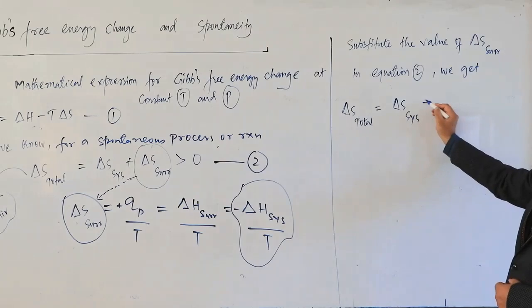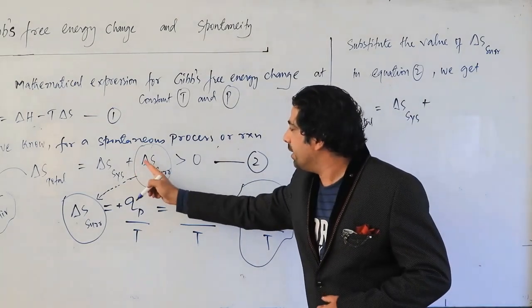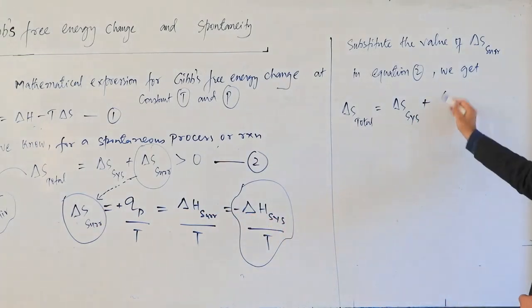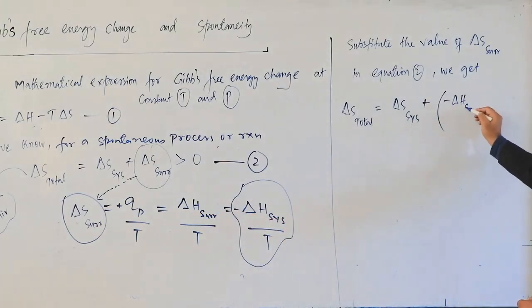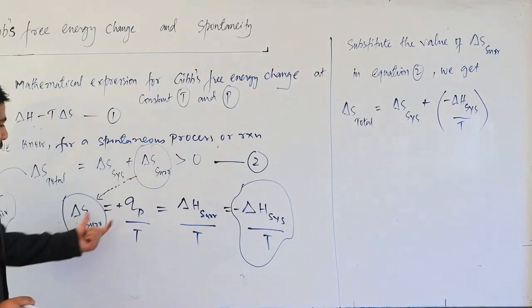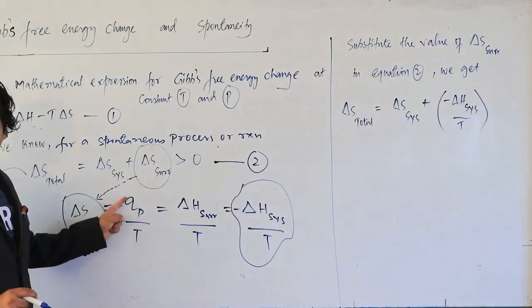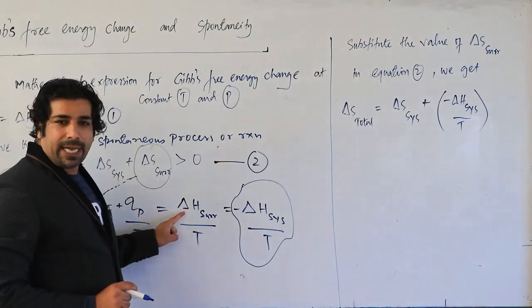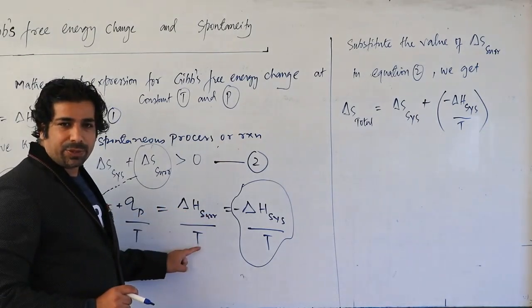So I will write down here the formula is plus, and this delta S surrounding is finally equal to minus delta H system upon T. So once again I will tell you, delta S surrounding is equal to Qp upon T, heat absorbed by the surrounding at constant temperature. That's equal to the enthalpy change of surrounding at constant temperature.